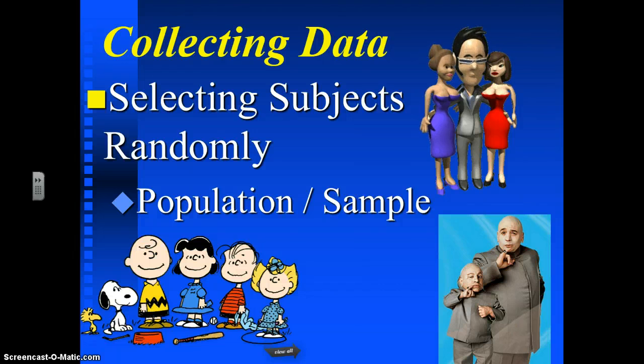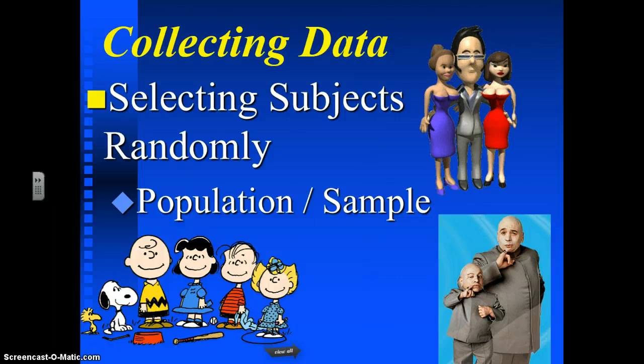Now, again, we can't get to every single person in the population to get their responses. So what we generally do is we select a sample. And that sample needs to be randomly selected. You don't just pick out certain people that you think will give you the responses you want. You want to make it as random as possible.